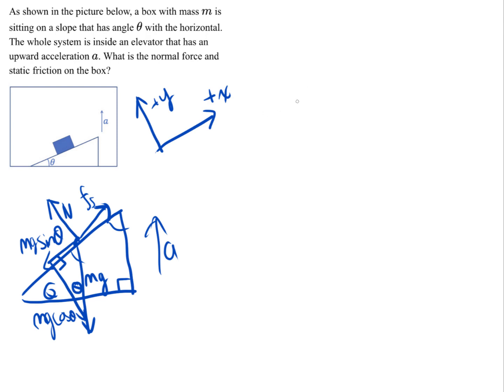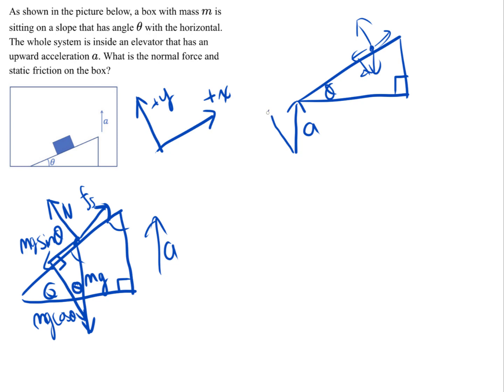But before we start to solve the problem, if we draw this again with the box and all of the forces acting on the box, we can also decompose a into its component parts. Initially, a is going in the upward direction, but we can decompose the acceleration into the component perpendicular to the surface of the incline and the component parallel to the surface of the incline.